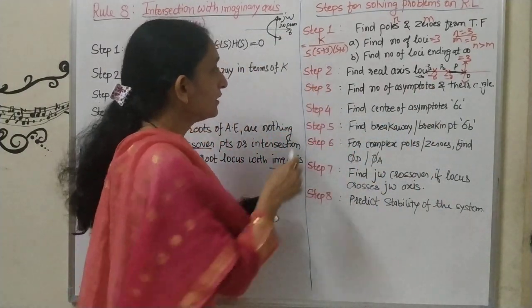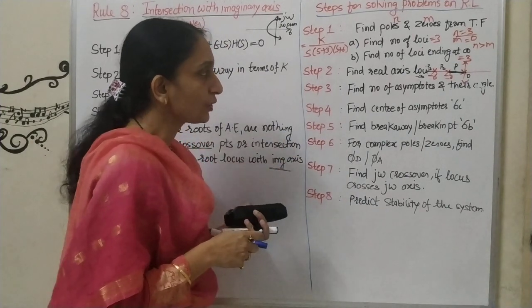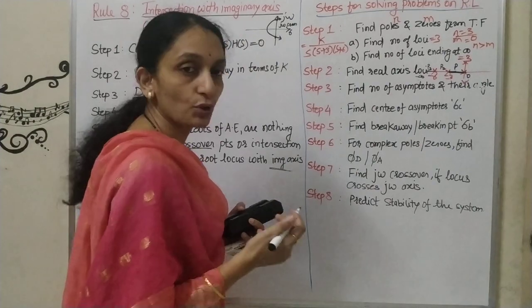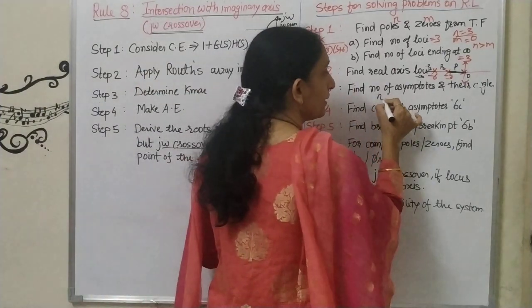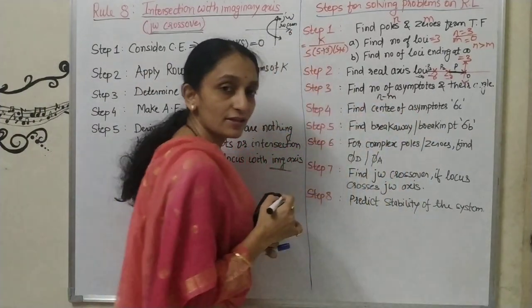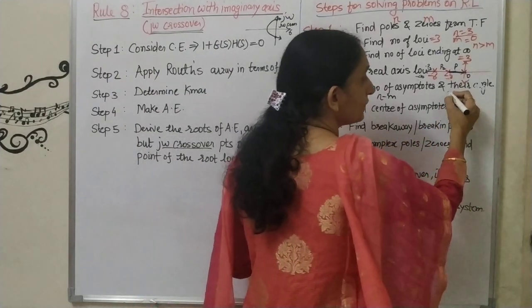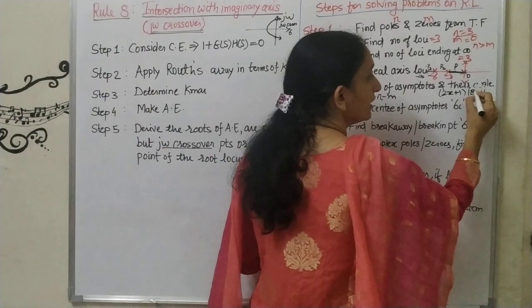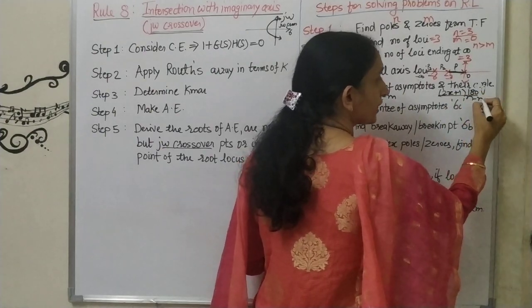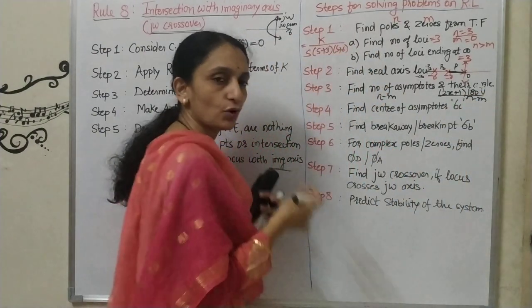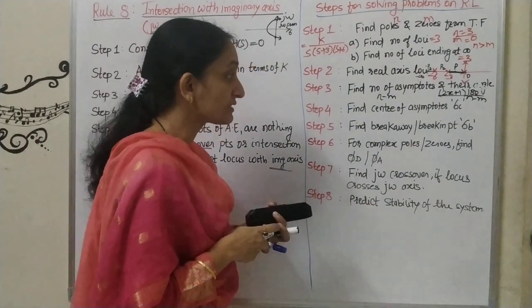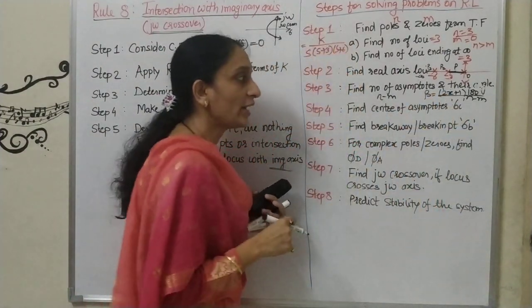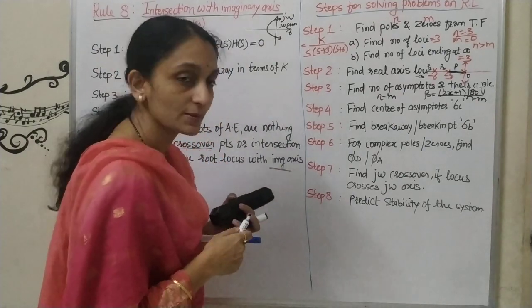Okay, then step number 3, find the number of asymptotes and their angle. We know that the number of asymptotes is equal to n minus m, and the angle is given with the formula beta is equal to (2x plus 1) into 180 upon n minus m.